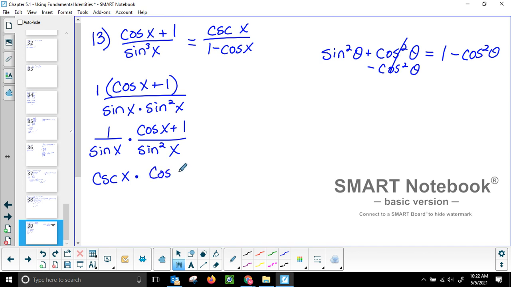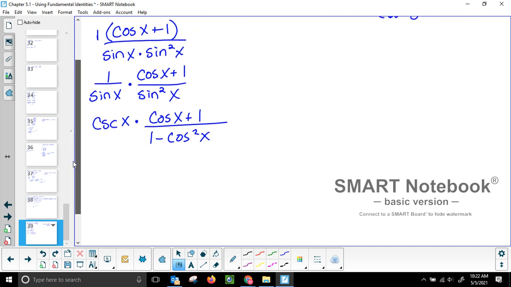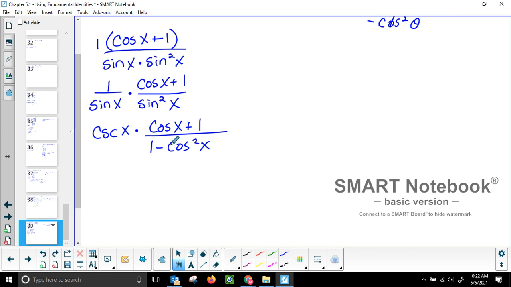So I have cosine x plus 1 up top and 1 minus cosine squared x on the bottom. Okay, now, yesterday we did significant work factoring trigonometric expressions. Well, 1 minus cosine squared x is a difference of perfect squares. Remember, we used some u substitution yesterday and just said, okay, well, let's let cosine x equal u.